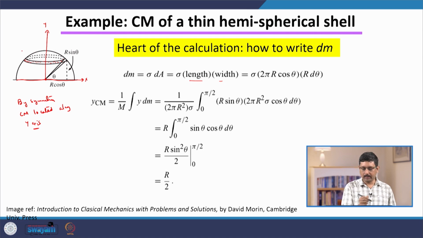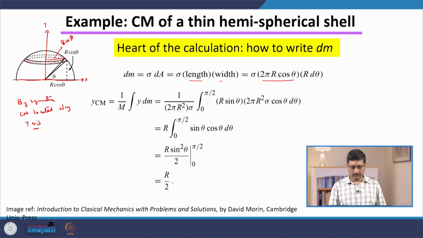The ring perimeter is this length, which is 2 pi r cos theta, because the radius of this ring is r cos theta, and the width of the ring is this arc length, which is given by r times d theta.